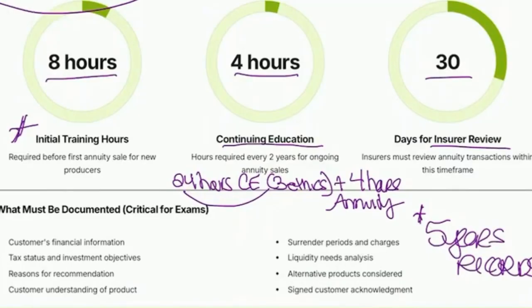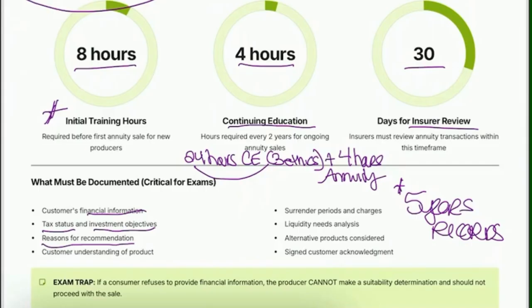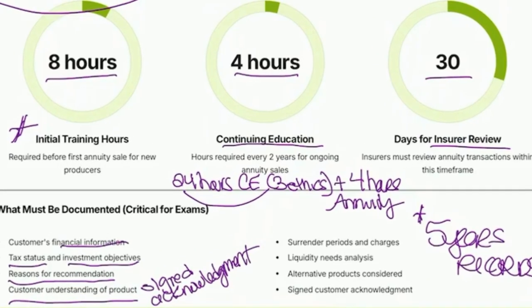With the signed acknowledgement. You must also document surrender periods and charges, right? So if there are certain time frames where you would have charges or fees for surrendering, sometimes you'll see annuities with a 7-year, a 9-year, 5-year surrender penalty time frame.